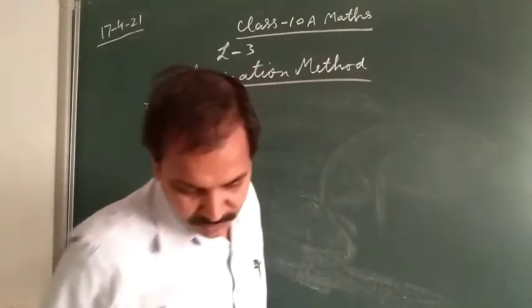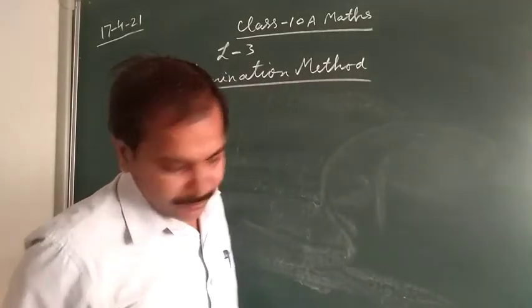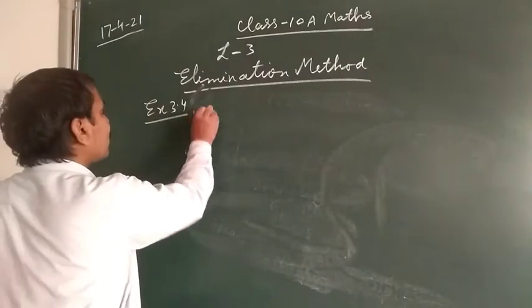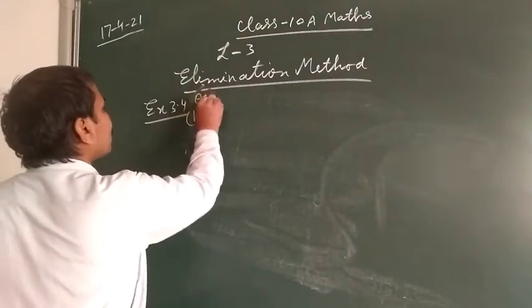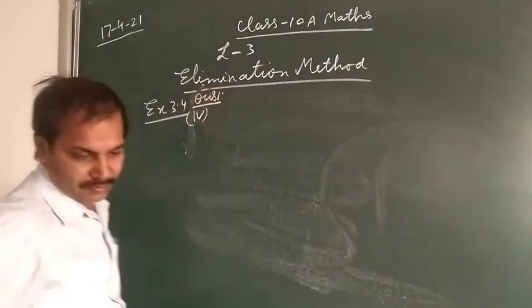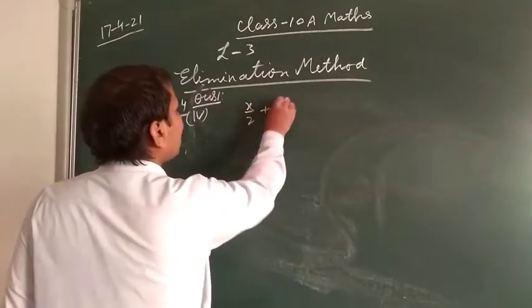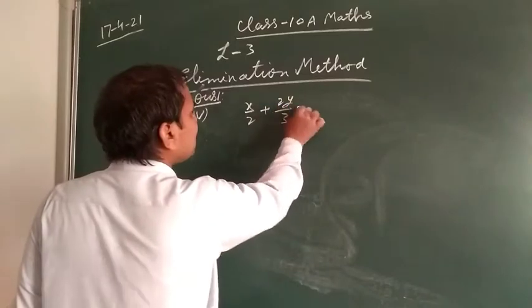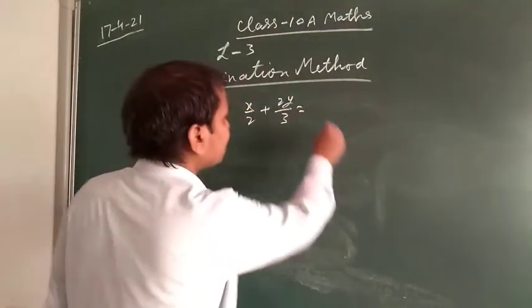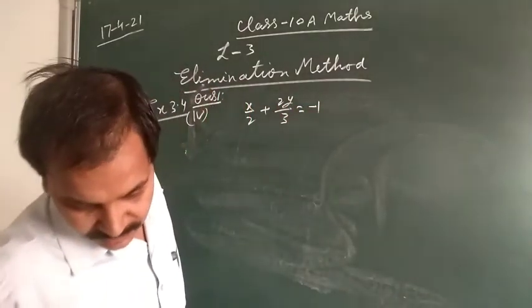One more part you see, like part 4, in the original one. x upon 2 plus 2y upon 3 is equal to minus 1. Clear?